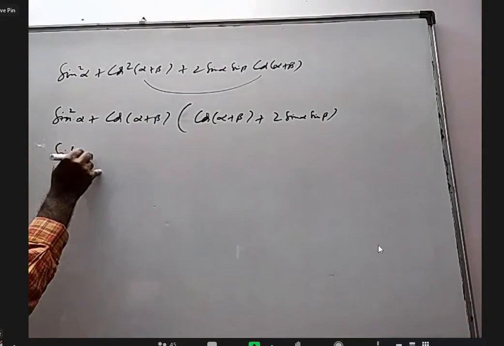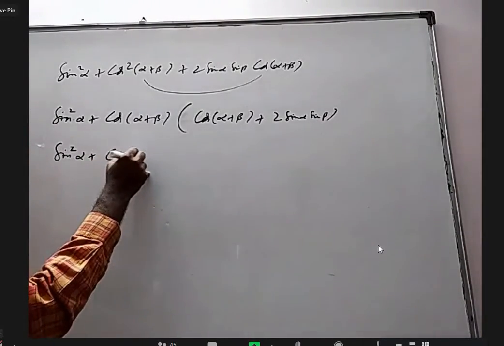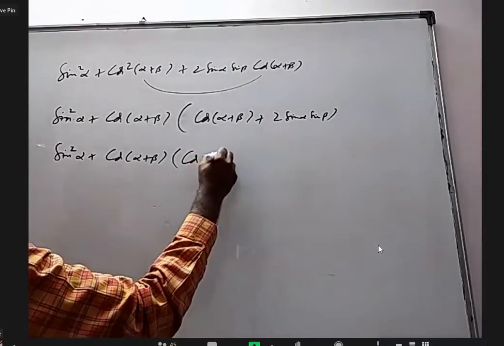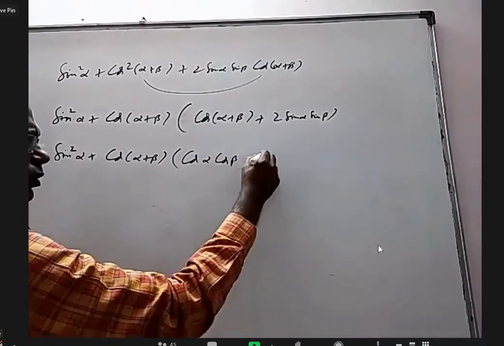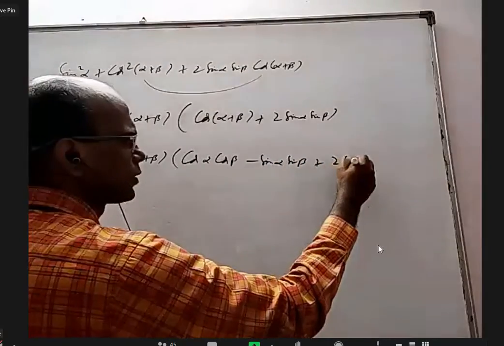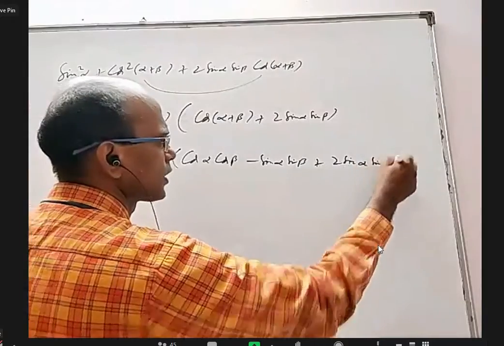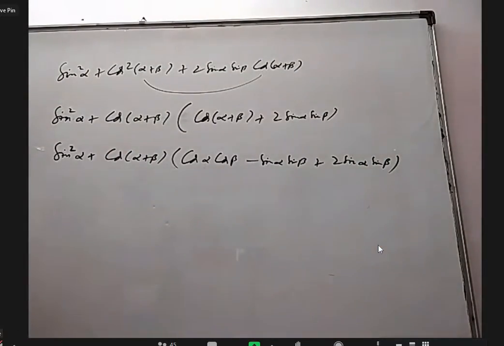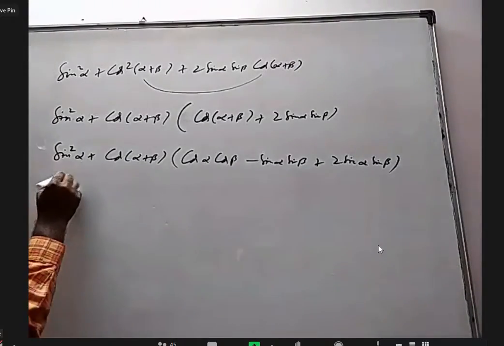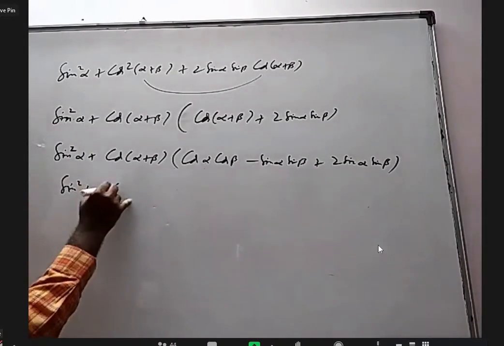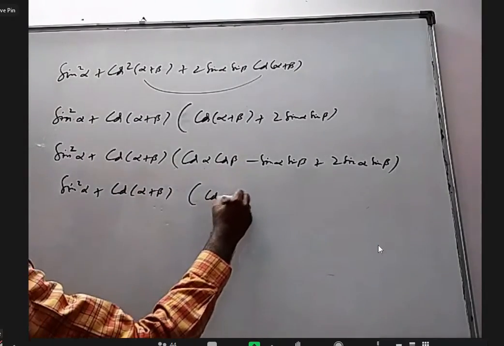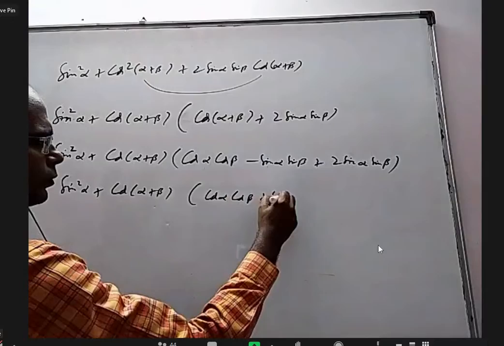This cos(A plus B) is cos A cos B minus sin A sin B. Cos alpha cos beta minus sin alpha sin beta plus 2 sin alpha sin beta. This and this give cos alpha cos beta plus sin alpha sin beta, which is equal to cos(alpha minus beta). So cos(alpha plus beta) into cos(alpha minus beta).